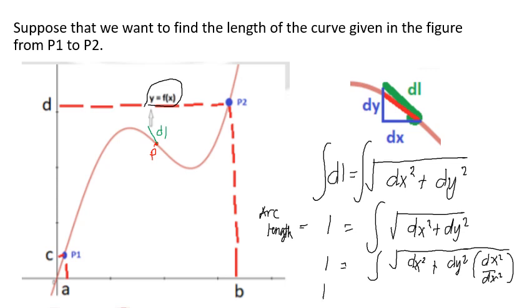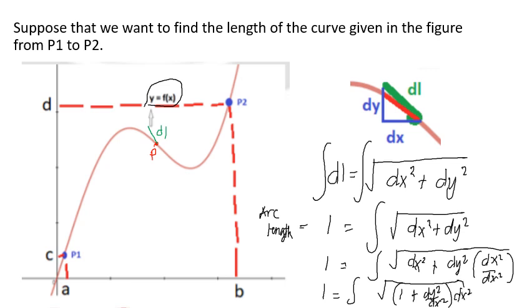So you will have length is equal to the integration of square root of 1, let's factor out dx squared, plus dy squared all over dx squared, quantity dx squared.